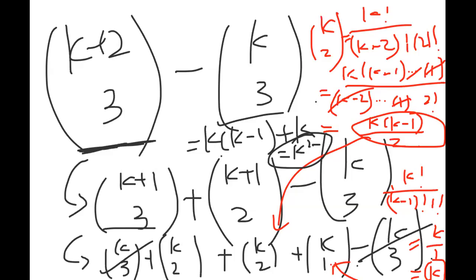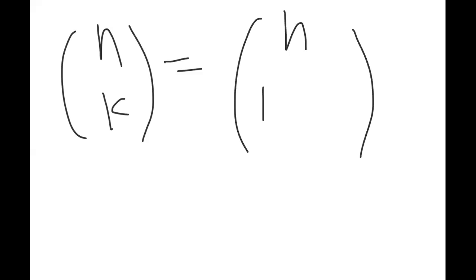So that is Pascal's identity. Okay. And there is another identity: n choose k is equal to n choose n minus k.